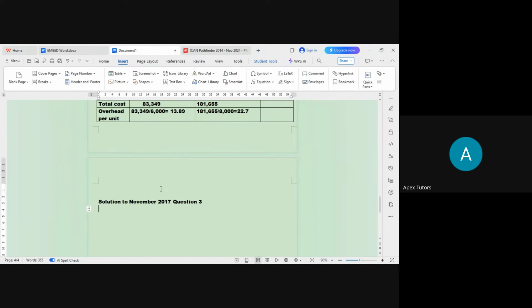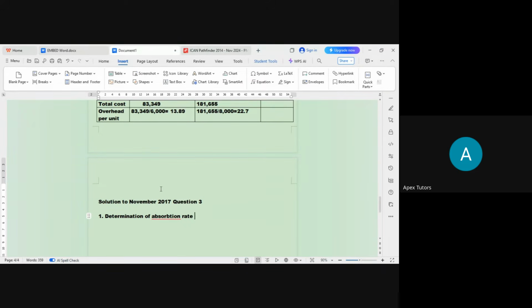Now the first requirement: determination of absorption rate. Everybody should have worked on this by now.